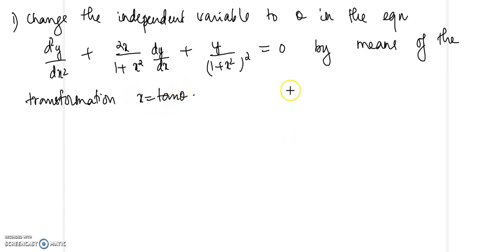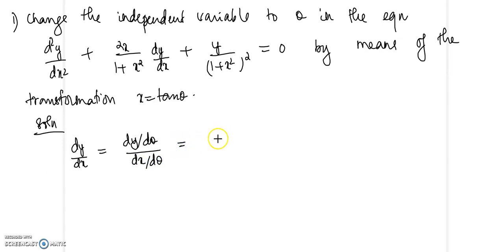So for that we need to find out the derivatives dy by dx in terms of theta and d square y by dx square in terms of theta. So let us look at the solution. So when you take dy by dx, by the parametric representation, that will be dy by d theta by dx by d theta.